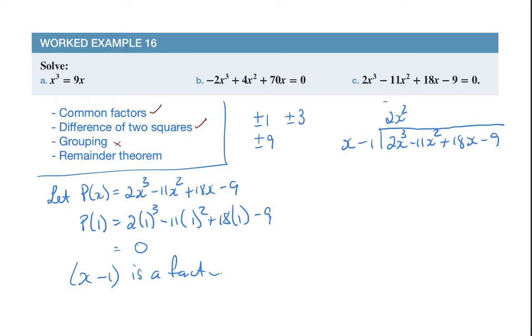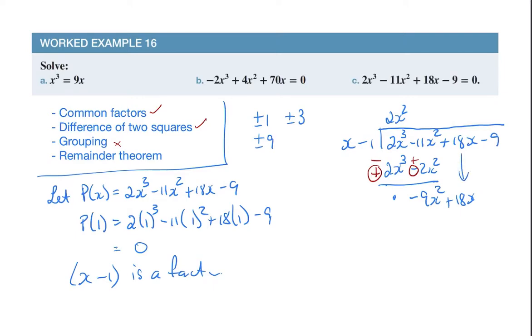Now I'm going to multiply that in there: 2x cubed, and 2x squared times negative 1 gives negative 2x squared. I'm going to subtract. The moment I subtract, my positive becomes negative and my negative becomes positive. 2x cubed minus 2x cubed is 0. Negative 11x squared plus 2x squared is negative 9x squared.